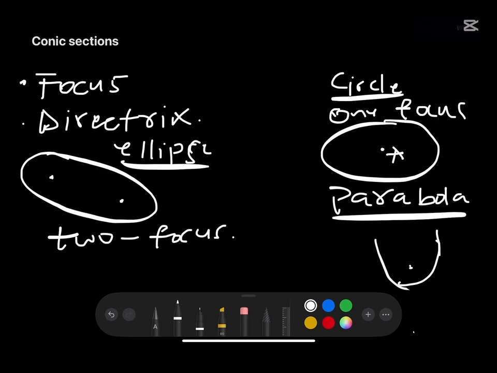No. What we mean when we have one focus for a circle, we mean that only one point is allowed to be in the circle. When we come to the parabola, only one point is allowed to be in the parabola. So the point can be anywhere, right? So if we have a point here, there's no other points in there to be another focus in the parabola.